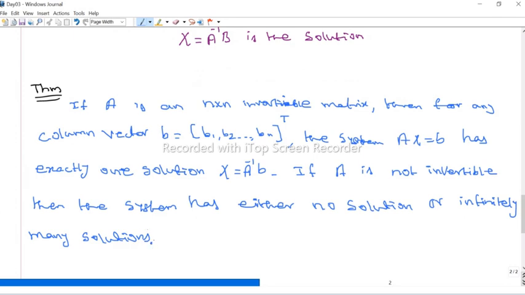So if the matrix is invertible, then the system has a unique solution. If the matrix is not invertible, either the system has no solution or infinitely many solutions. This is a very important thing.